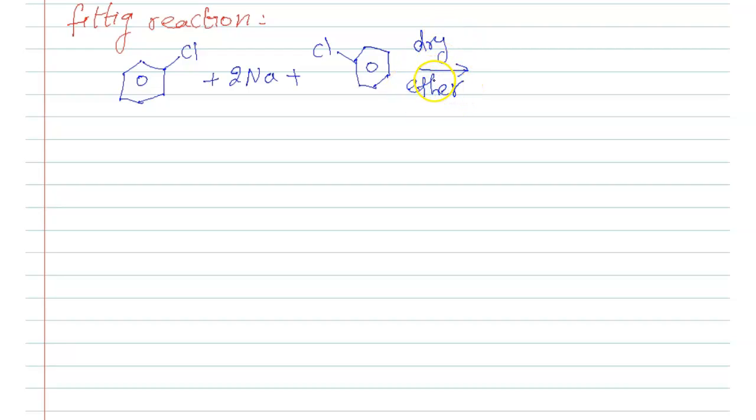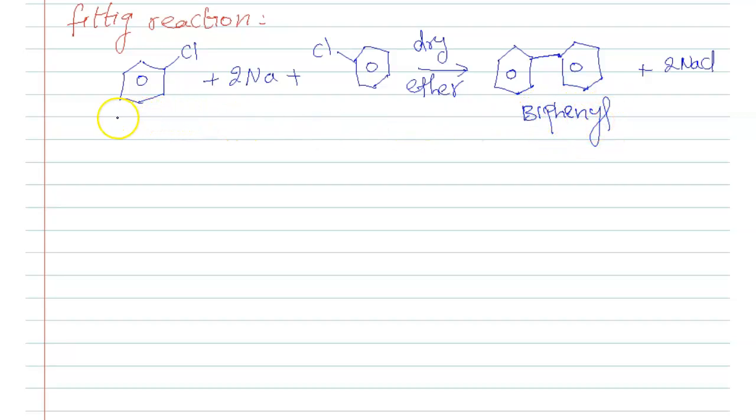In the case of aliphatic compounds, that is the Wurtz reaction. In the case of aromatic compounds, we call it the Fittig reaction. Then 2NaCl will be removed, and the 2 benzene rings combine with each other, giving biphenyl or diphenyl. So this is chlorobenzene.